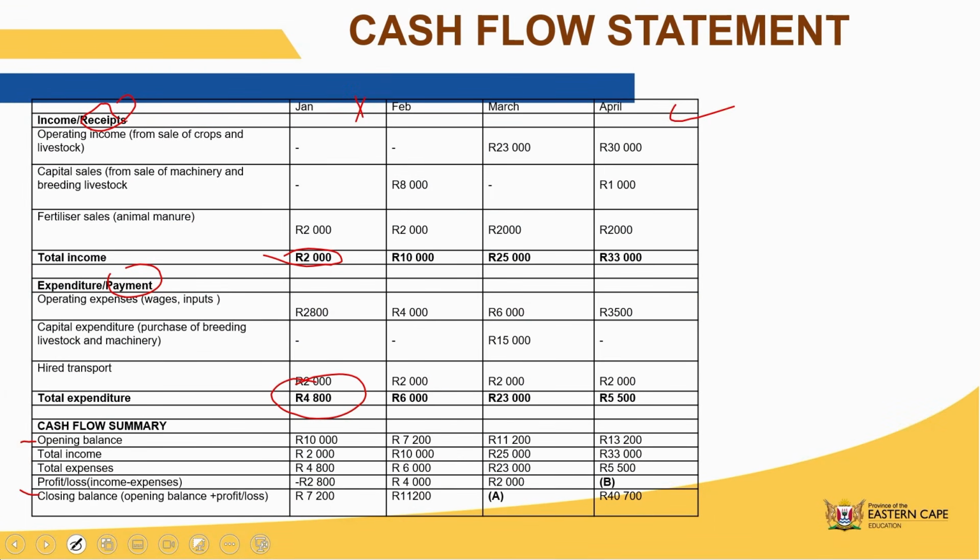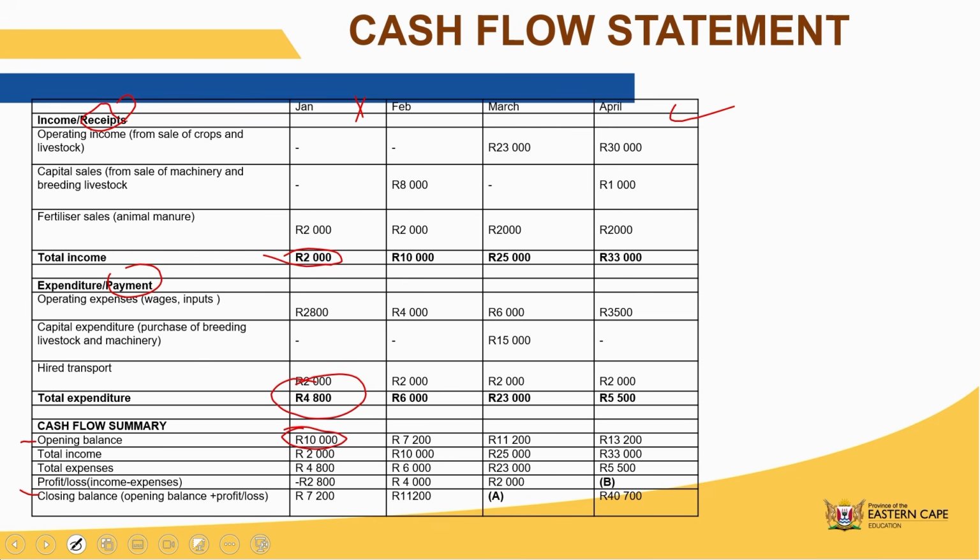And then let's go into the cash flow summary. We have an opening balance. 10,000 is the opening balance for this farming business. For example, this 10,000 maybe is capital that comes from savings, from production, it can be an inheritance or grant, it can even be a loan. So they have an opening balance of 10,000.